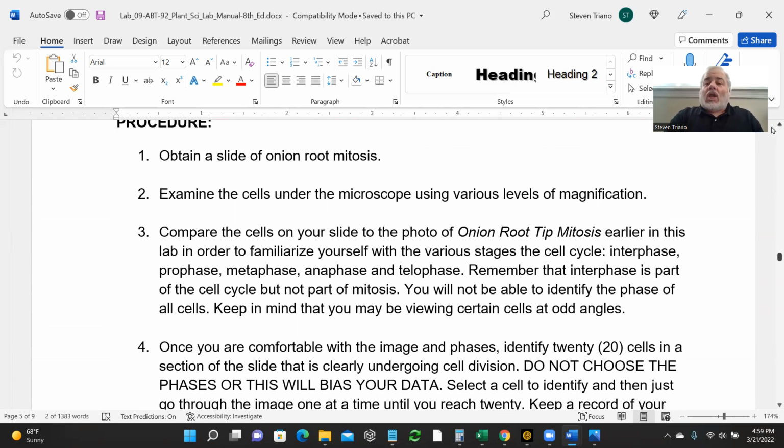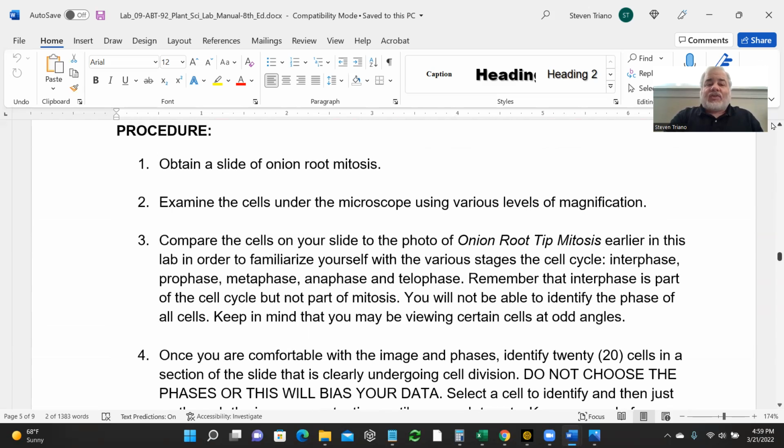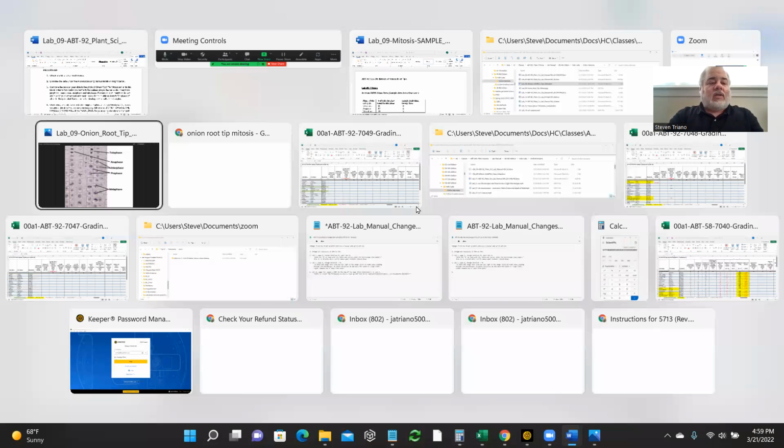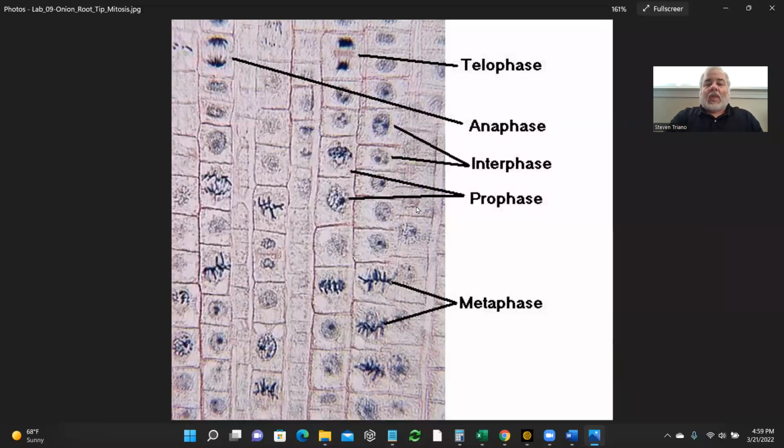If you are doing this in class, you will obtain a slide of onion root tip mitosis, and that slide looks like this. It's not going to be pre-labeled. This is an extremely thin slice near the tip of an onion, behind the apical meristem.